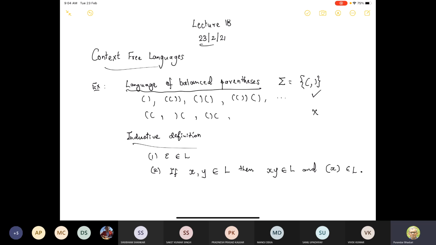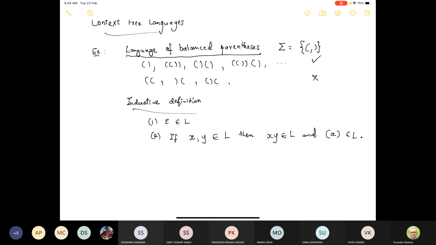And you may have seen the following way of defining it.